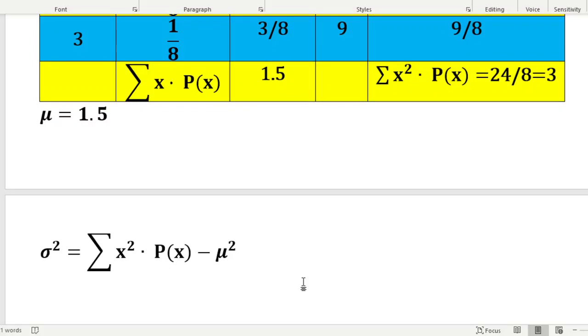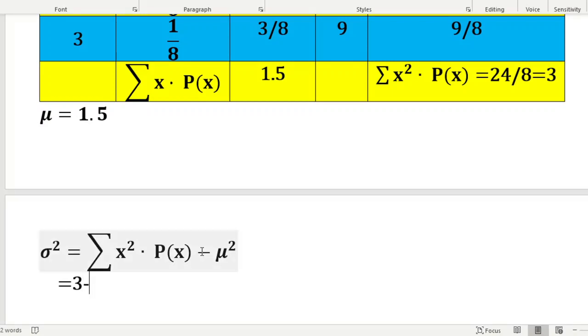Now, to continue the process, let us solve this one. Equals the summation of the products of the square of each possible value and its corresponding probability, which is 3.